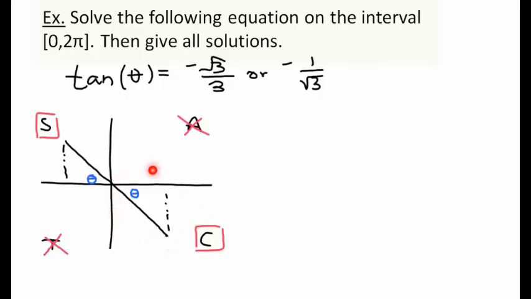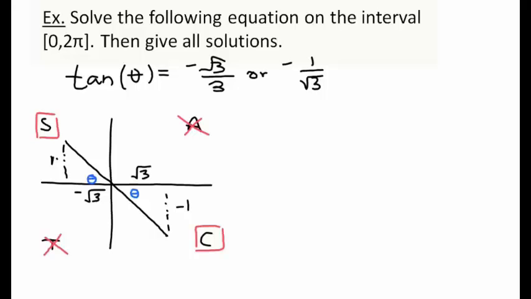Looking at this triangle down here, we know that the opposite is going to be negative 1, and that the adjacent is going to be square root of 3. For this particular triangle, we know that the opposite is going to be 1, and that the adjacent is going to be negative root 3.